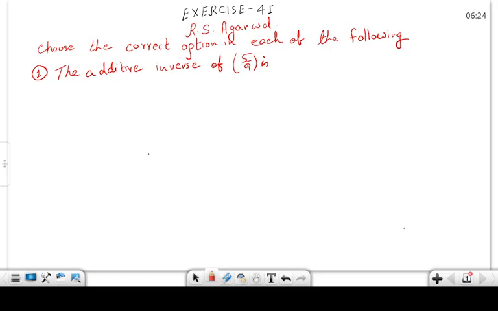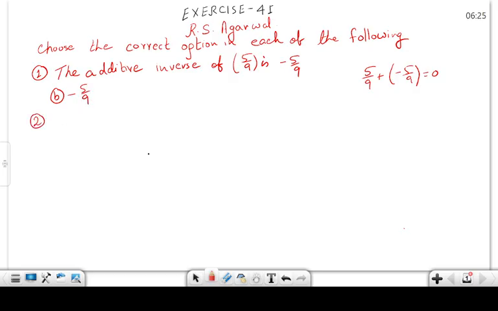If we add a number to 5 by 9 such that the result is 0, that means if I add 5 by 9 with minus 5 by 9, then it gives 0. Therefore the additive inverse is minus 5 by 9, and the correct option is B. The answer is minus 5 by 9.